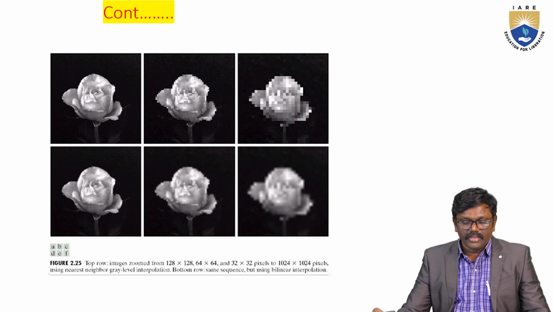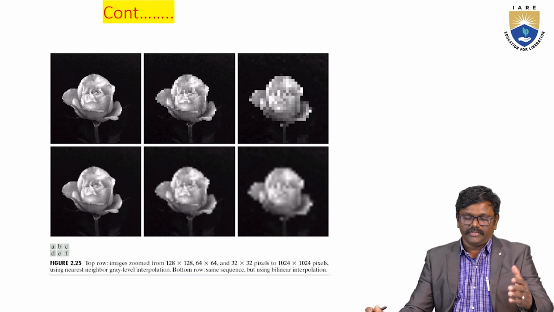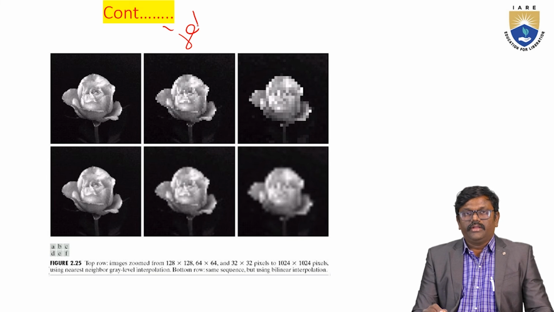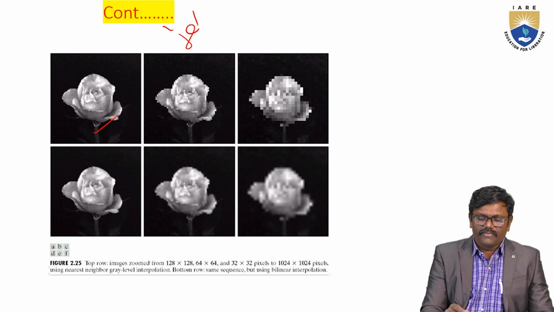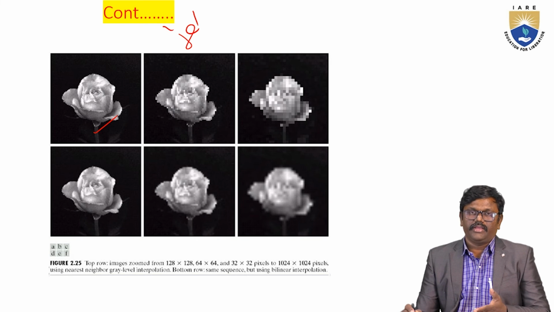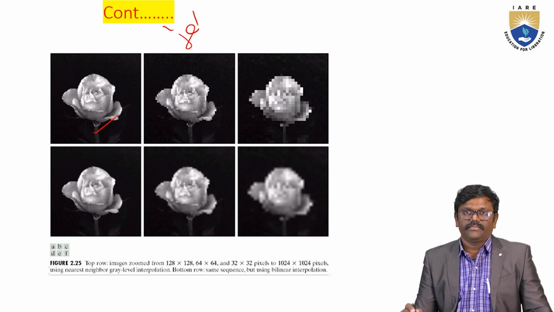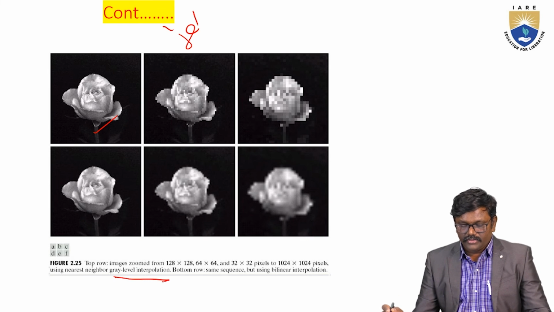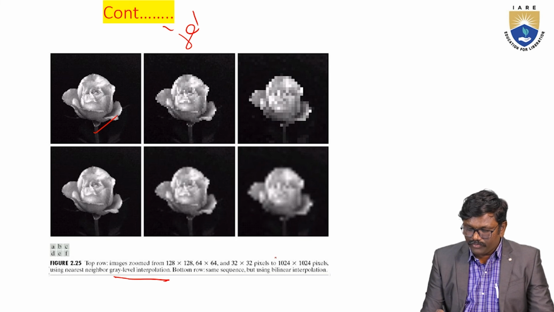Next, coming to the continuation of this gamma correction, gamma based intensity transformation by taking one flower image. This is in terms of digital image processing. Being a grayscale image interpretation, the sequence of how it varies is pixel to pixel.